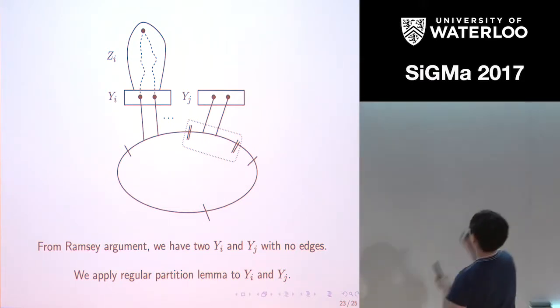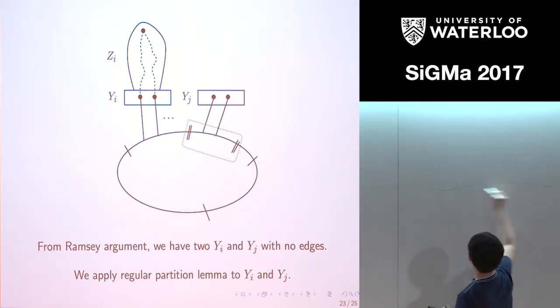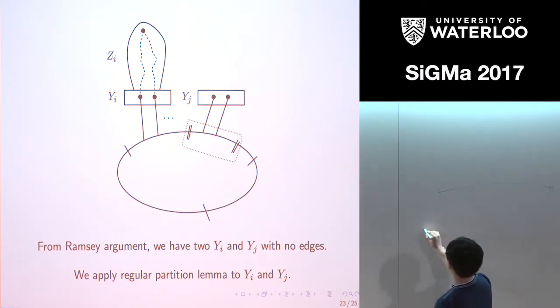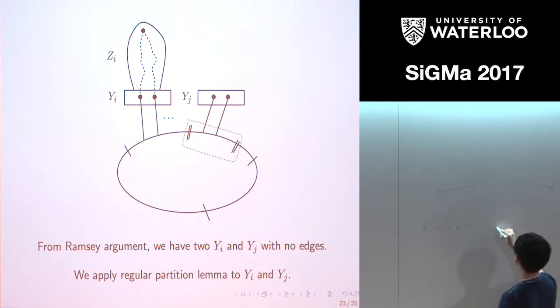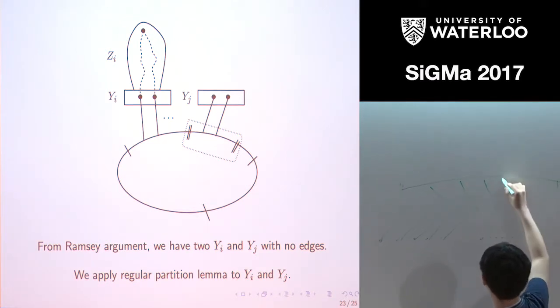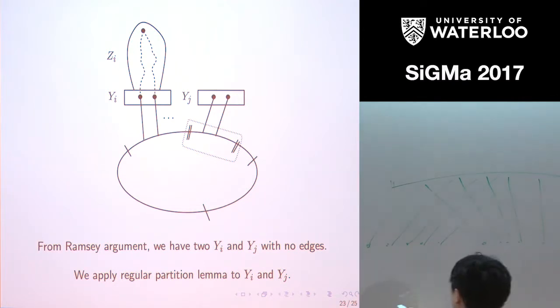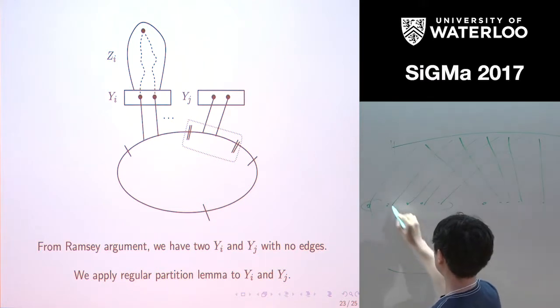Then we can look at one interval where these two sets are both connected regularly somehow. And the other part is where only one set is regularly connected.